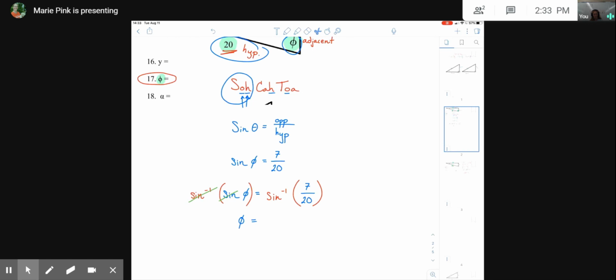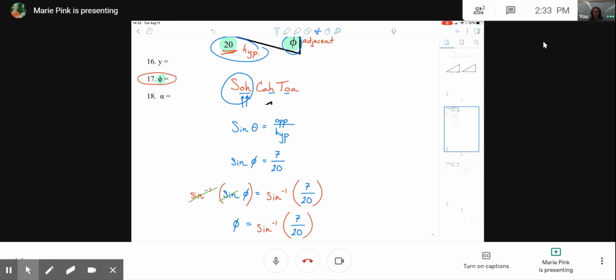And on the right side, I'll have all of this. And that will be my answer. And if you look at your calculator, you have an inverse sine button. And so this will be what you actually are going to type into your calculator when you're going to solve the problem. All right, next we'll do number 18.